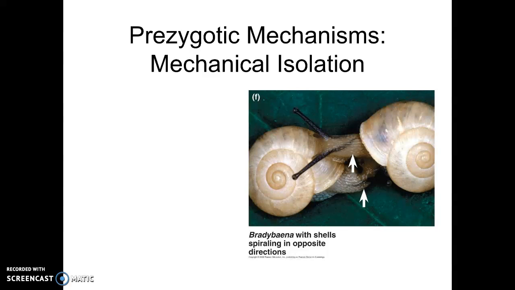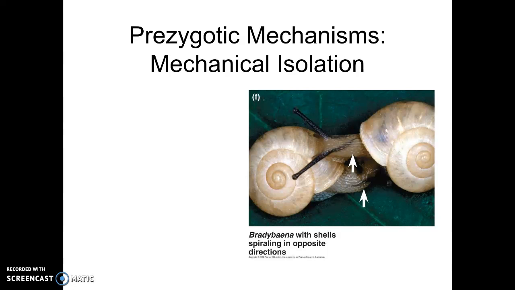All right, we also have some pre-zygotic mechanisms. Remember, pre meaning before fertilization takes place. The first one is referred to as mechanical isolation. Mechanical isolation is shown right here with the snails. What we see where the arrows are pointing are the reproductive pores.